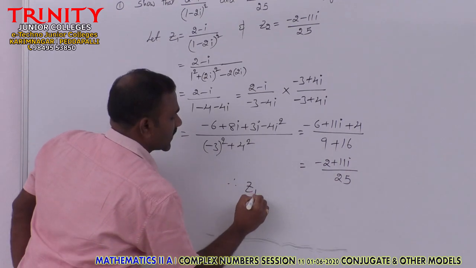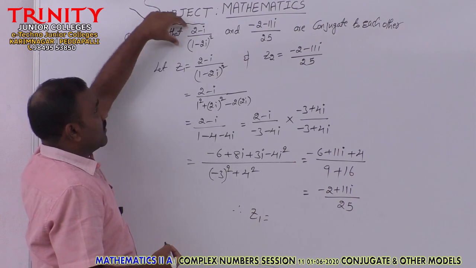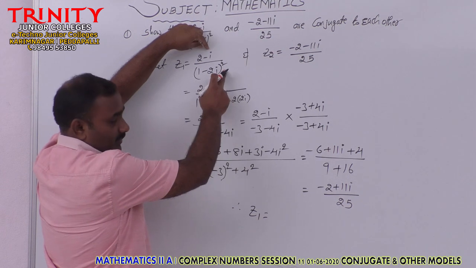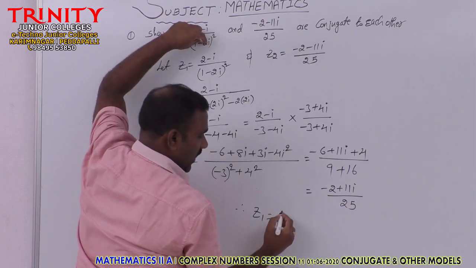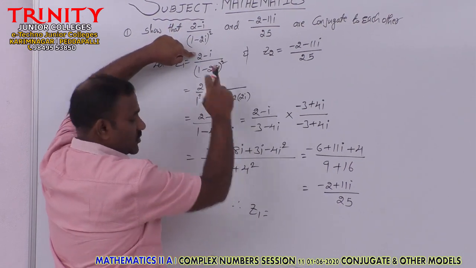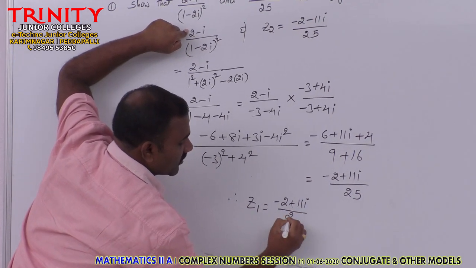Therefore, what is the complex number z1 now? Originally, the first complex number given was (2 minus i) by (1 minus 2i) whole square. But after the simplification, we converted it into its standard form. Then this complex number becomes (minus 2 plus 11i) by 25.